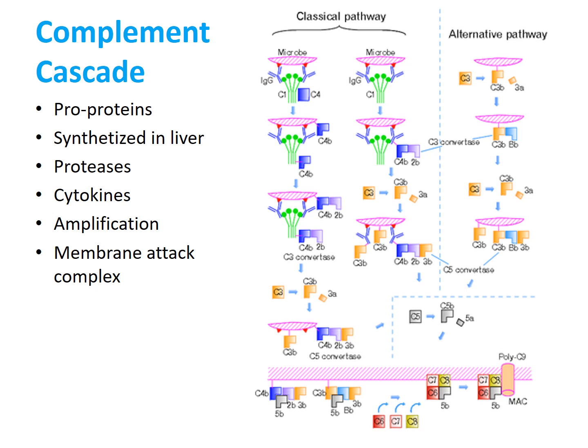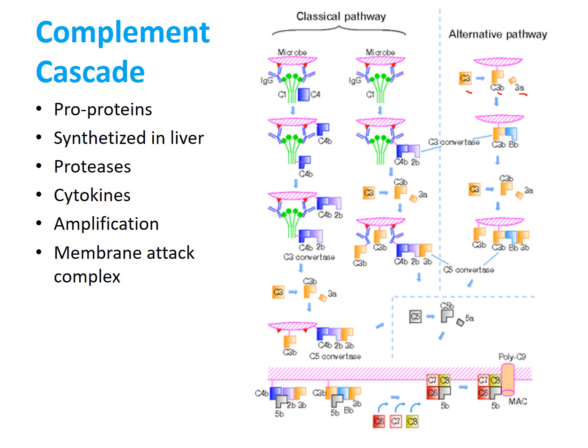So for example, you can see here C3 is cleaved into C3b and C3a. C3b binds to the surface of the cell. C3a is not non-functional. It actually acts as a cytokine, and it calls in the immune system. And this continues on down the line.